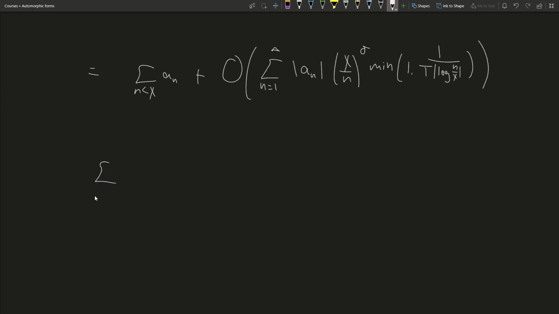So let's start with the region where it's the sum n from 1 to infinity, and we're just going to say that n is at most half or at least double x. So n is not going to be in the interval x over 2 to 2x of this quantity. And then here we're going to have x over n to the sigma.